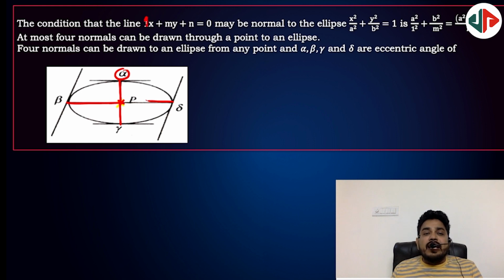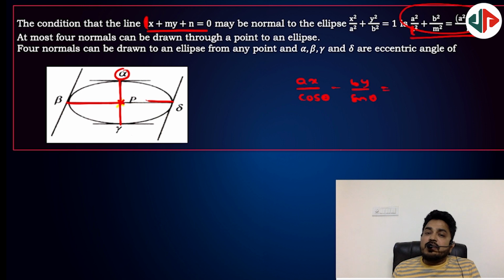Condition for Lx plus My plus n is equal to 0 to be normal to the ellipse is a square by L square plus b square by m square is equal to a square minus b square whole square by n square. So how can we derive it? Sometimes you may not remember this. What you can do is simple. The general normal equation is ax by cos theta minus by by sin theta is equal to a square minus b square. Just compare this equation with the given normal equation and eliminate theta.